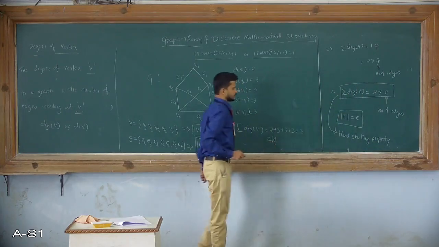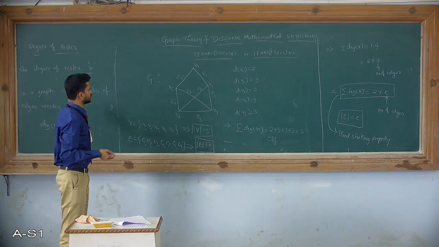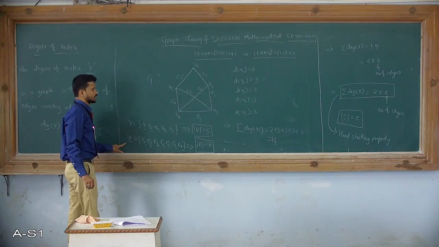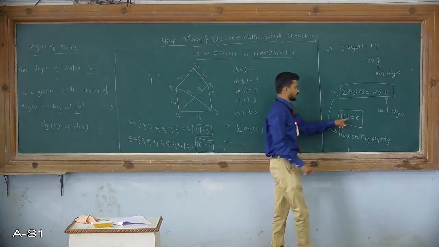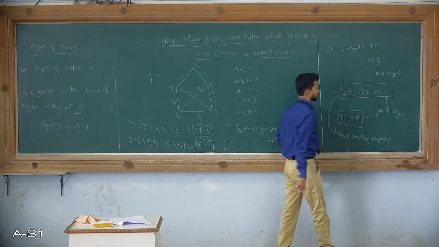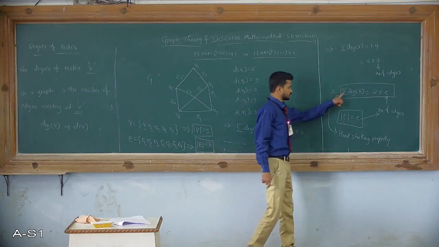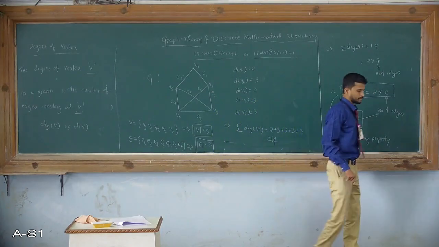Theoretically speaking, the handshaking property: for a graph G with vertex set V and edge set E, if the cardinality of E is equal to small e, where this E represents the number of edges, then the sum of degree of each vertex is equal to 2 times E. I will repeat the handshaking property once again.